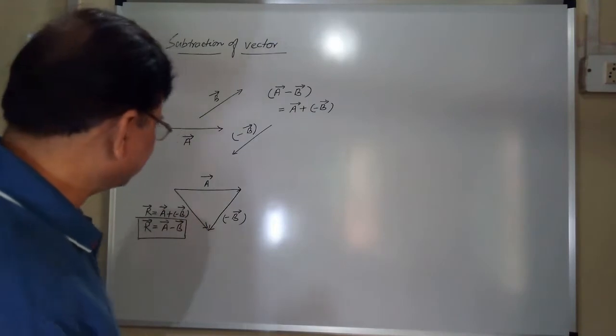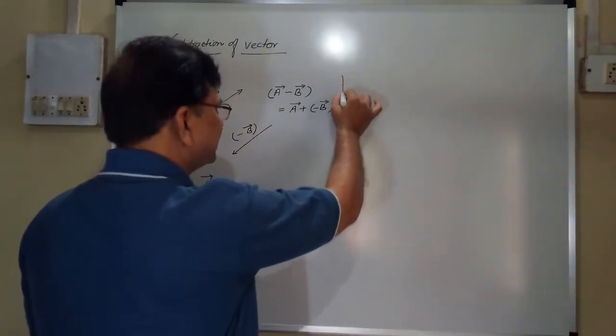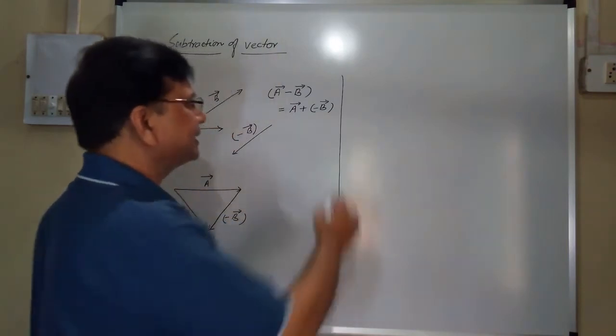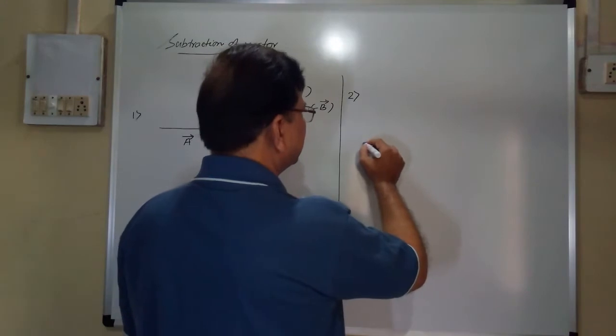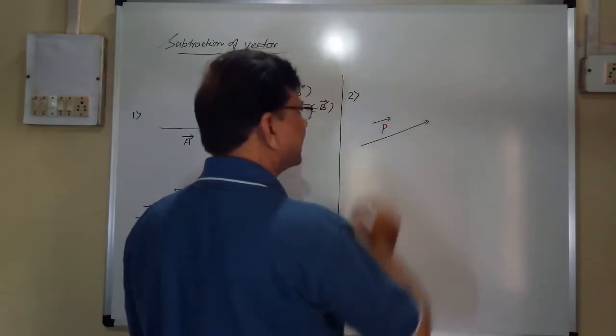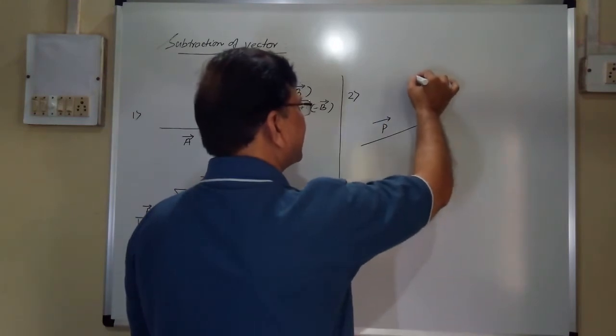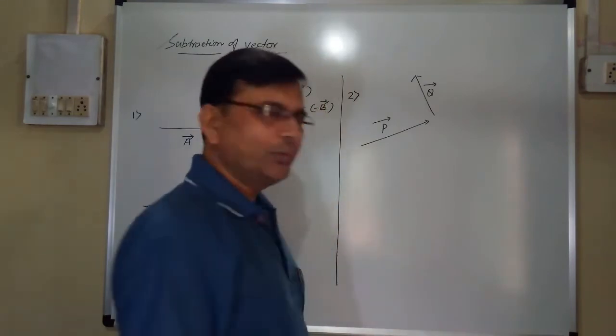I will take another example. That is the first example. Second example we will take. Suppose this is a vector P. This is a vector Q. Two vectors are there.